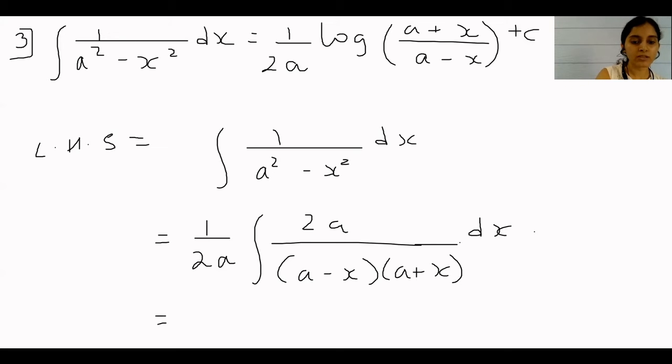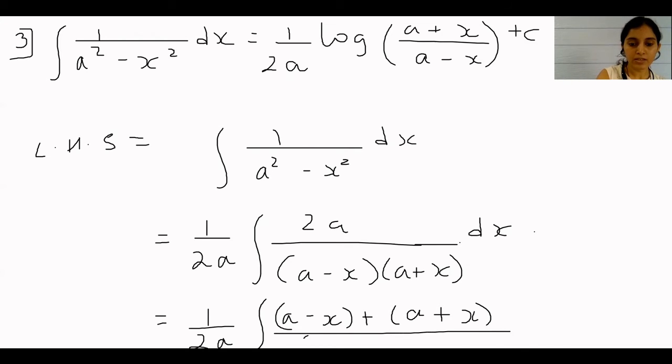Now let's split this 2a to get the factors in the numerator as well. So how would you do this? It will be a minus x plus a plus x, divided by a minus x, a plus x.